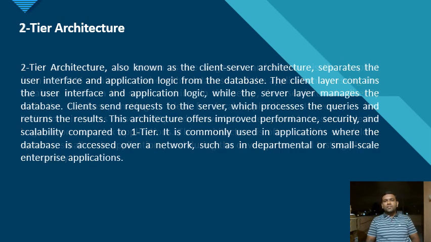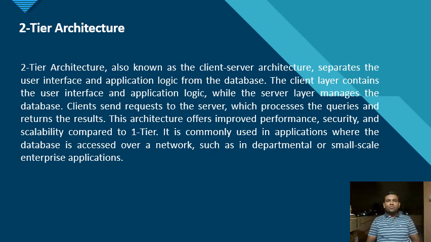Now let us continue after one-tier to the two-tier architecture. Two-tier architecture, also known as the client-server architecture, separates the user interface and application logic from the database. The client layer contains the user interface and application logic, while the server layer manages the database.